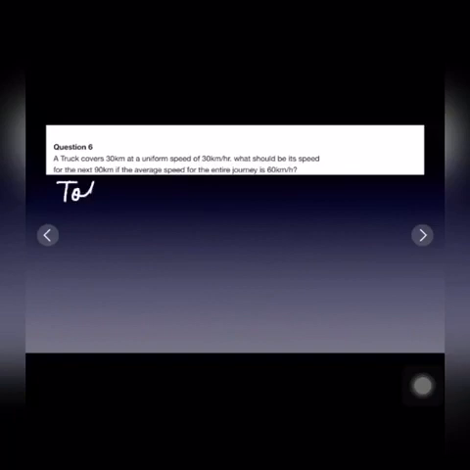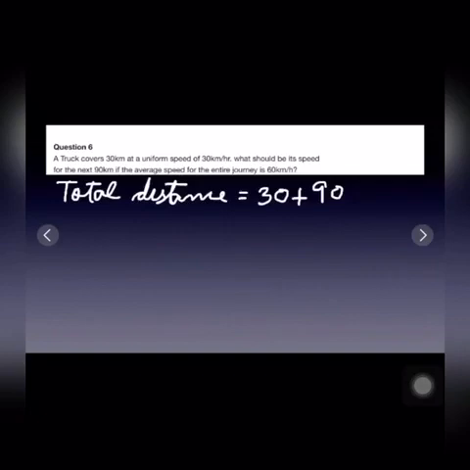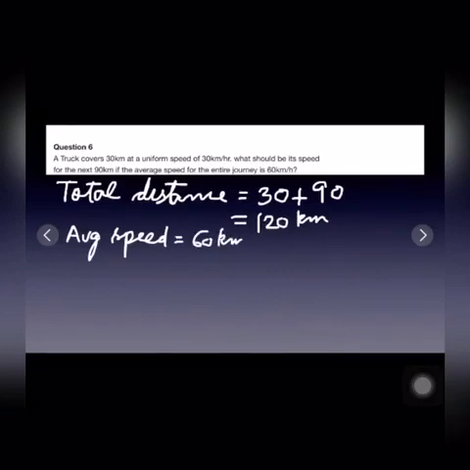So see here, total distance covered is 30 with a uniform speed of 30 km, and then 90, which is 120 km. Average speed is given to you, which is 60 km per hour.